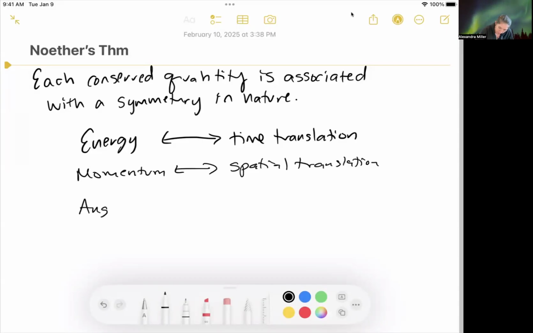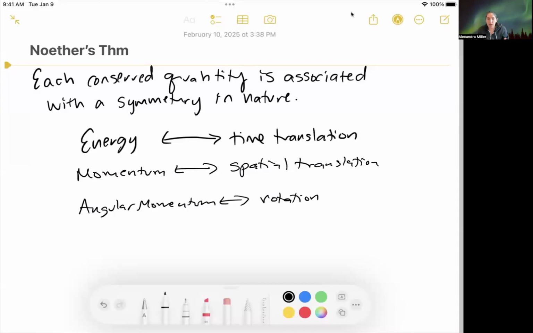Angular momentum is associated with a rotational symmetry, right? So the fact that if you rotate your physical system, the equations of motion that it obeys aren't going to change, tells you that your system is going to have the conservation of angular momentum.